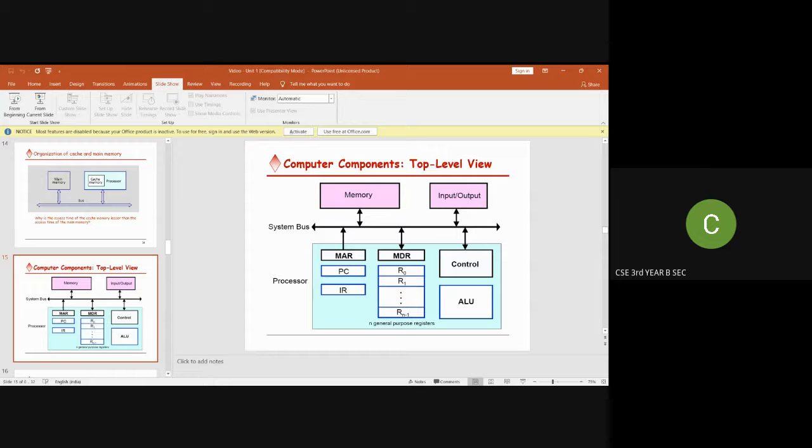So memory and input unit are connected to the processor by means of the system bus. So within the processor, we have different components like MAR, MDR, PC, IR, some general purpose registers, control unit, and arithmetic and logical unit. So all these are combined within the processor.